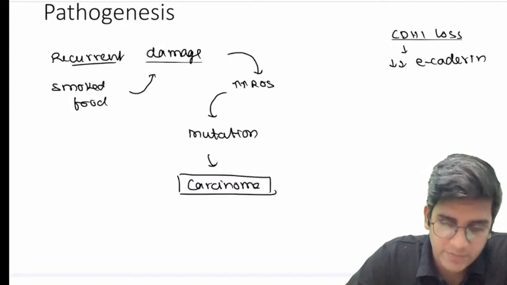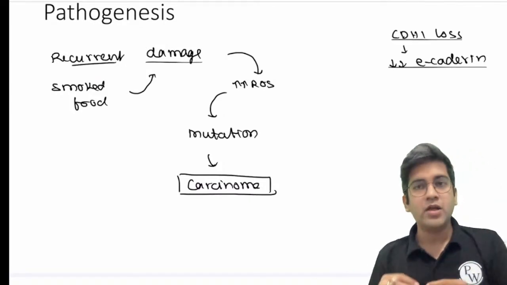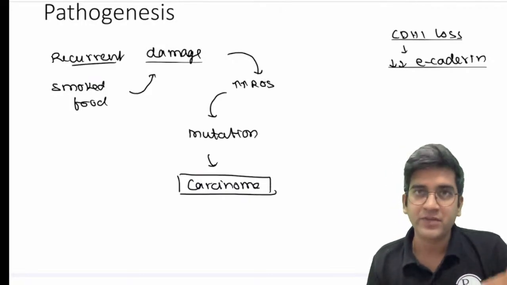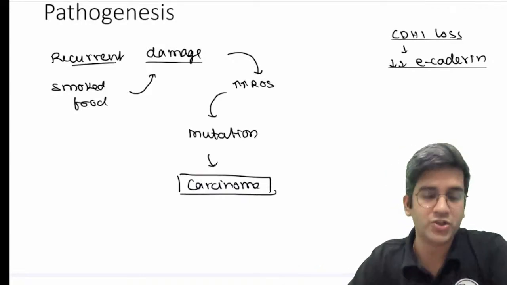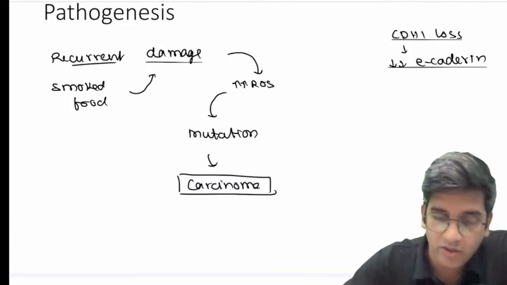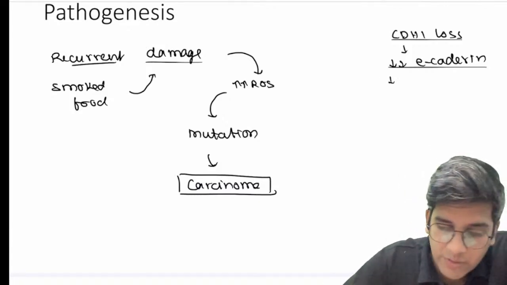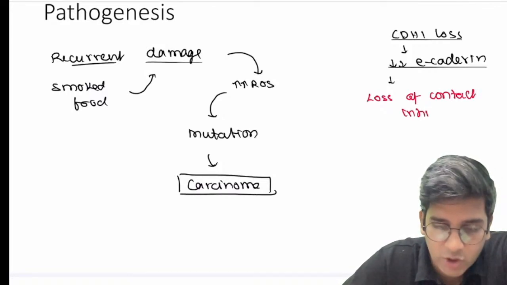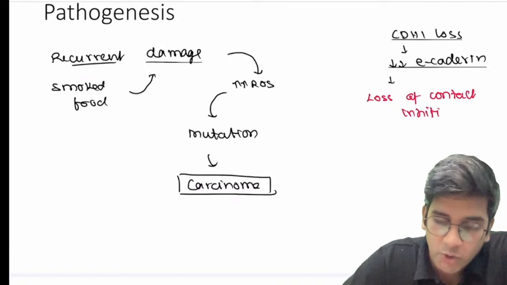So when E-cadherin expression is gone, there are two things here. One, obviously they'll become dispersed. That's not the one which causes the cancer, right? Dispersion will cause the discohesion, that's all. So what causes cancer in E-cadherin loss is the loss of contact inhibition. This word is very, very important. You'll have loss of contact inhibition. Normally when there's contact, there'll be inhibition to growth, right?